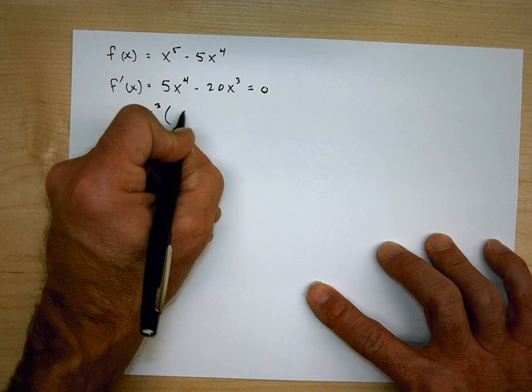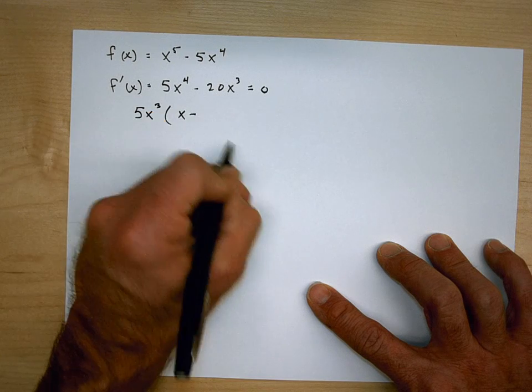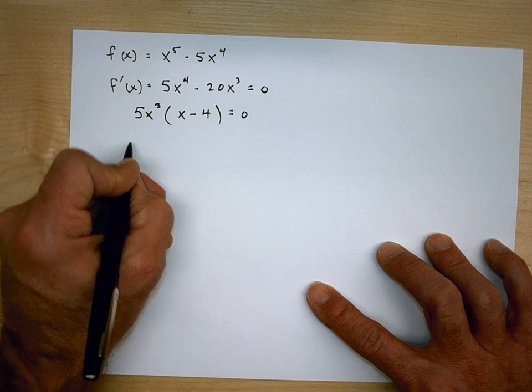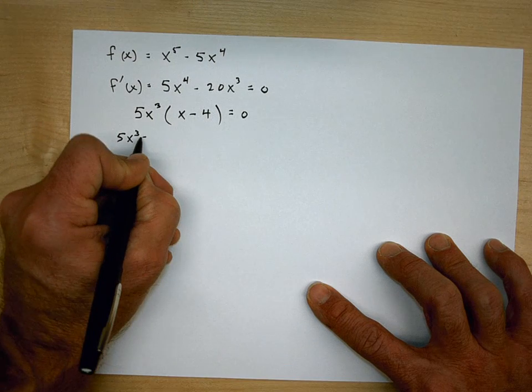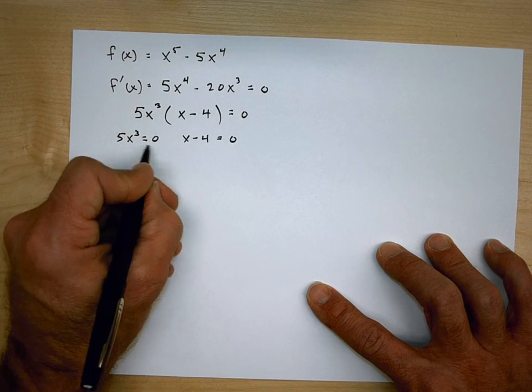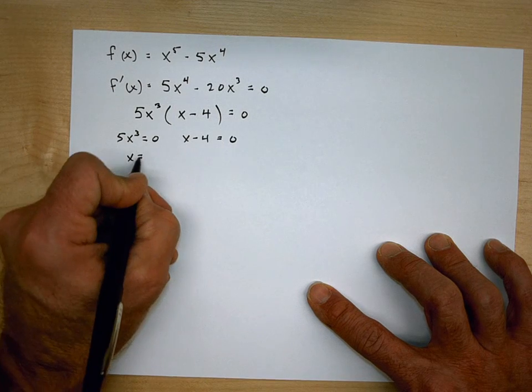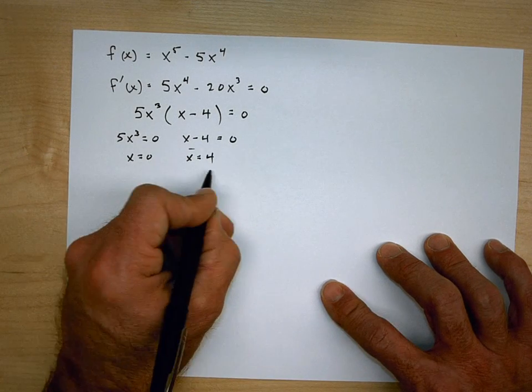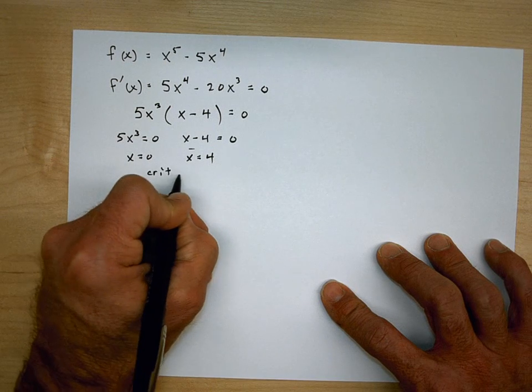That'll leave me with an x minus 4, all right, equal to 0, so that means that either 5x cubed equals 0 or x minus 4 equals 0. The only thing that would make that true is for x to be 0, and here I have that x would equal 4. So these are our critical points.